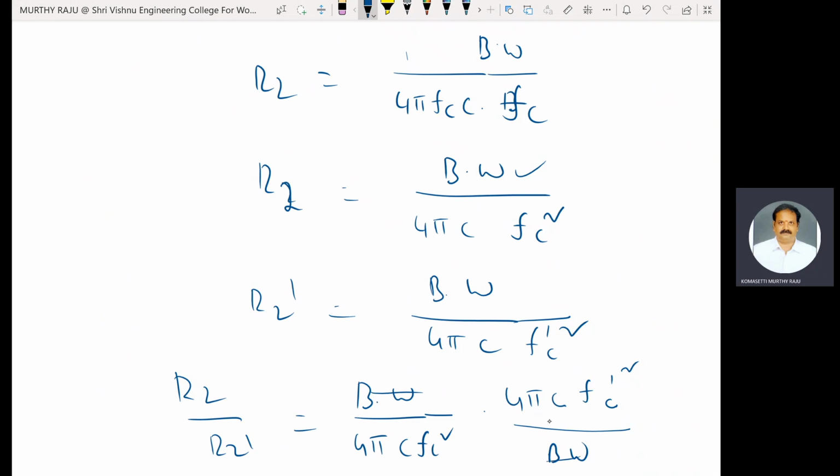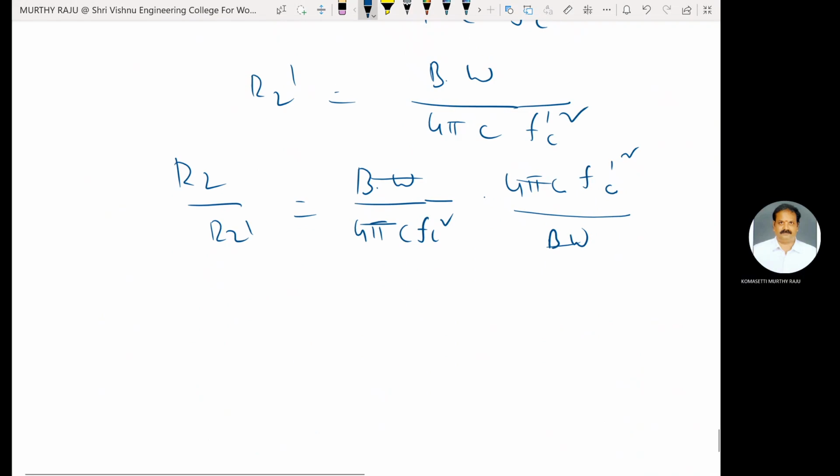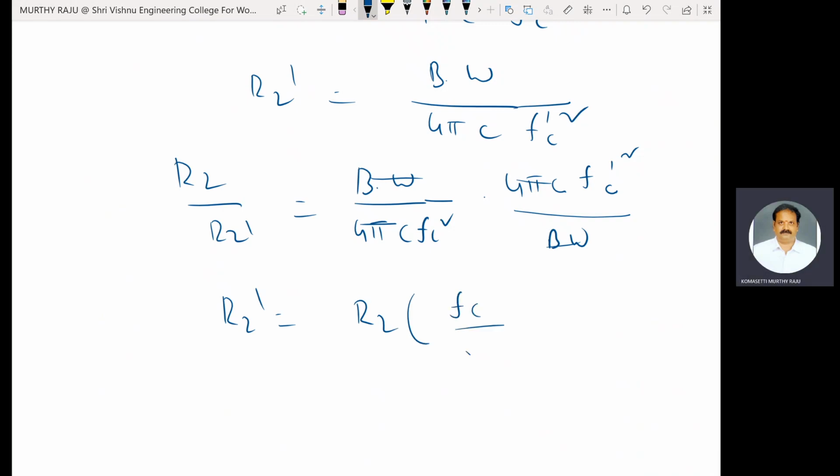Bandwidth cancel, 4 pi C cancel. Therefore, R2 dash is equal to R2 into Fc by Fc dash whole square.